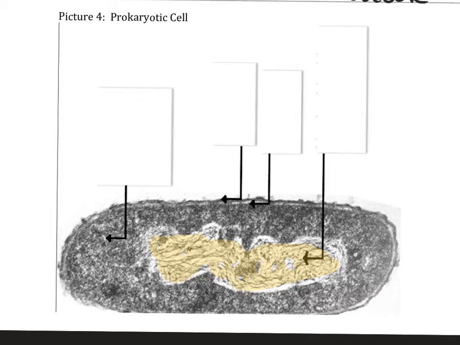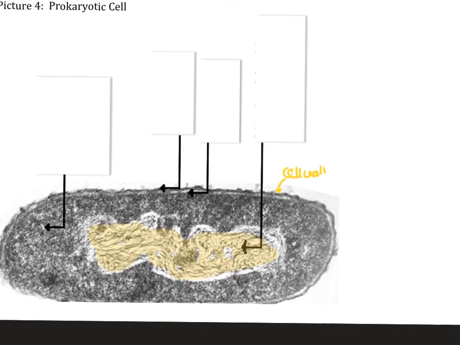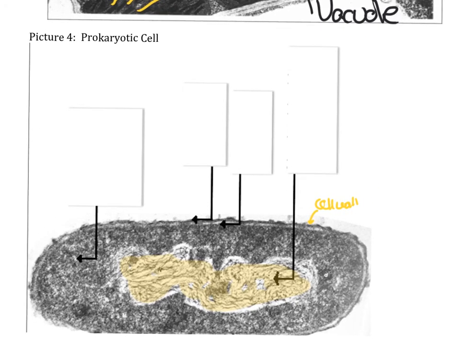And then looking at the different layers, this outer layer is probably going to be the cell wall. And the inner layer here, sorry, let me zoom in. Why aren't you zooming in? Sorry, it doesn't want to zoom in at the moment. The inner layer here would be the cell membrane.